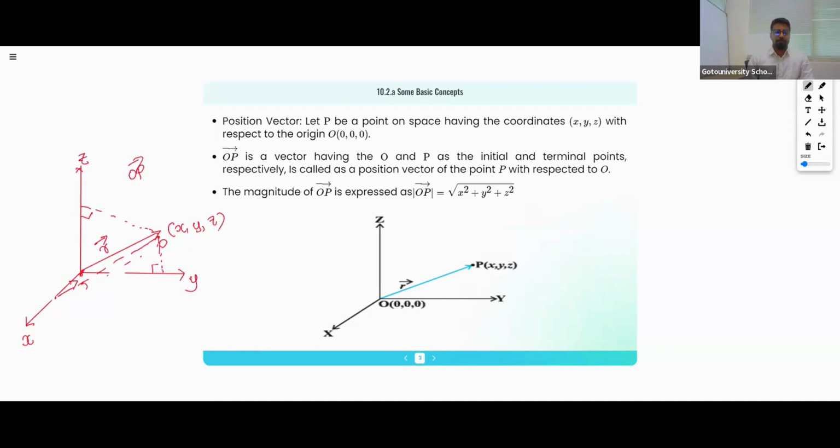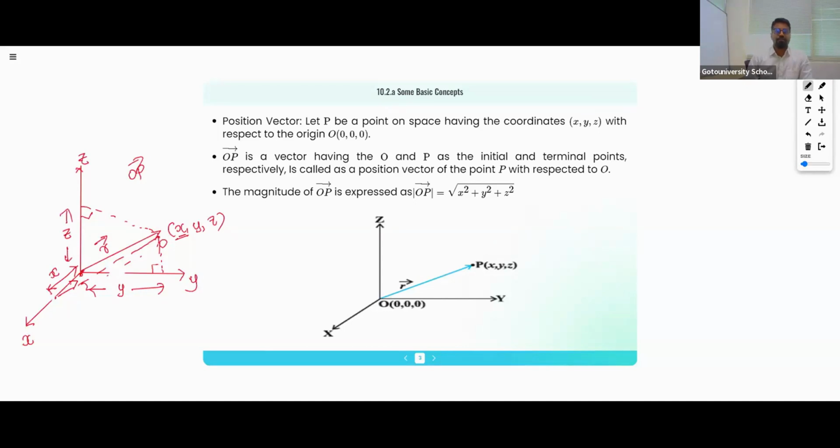Then when you draw the perpendicular lines, there will be a projection of that point on the x-axis, which is equal to the x value because its coordinate is x. Similarly, its projection along the y-axis will have length equal to small letter y, and the projection with respect to the z-axis will be small letter z.